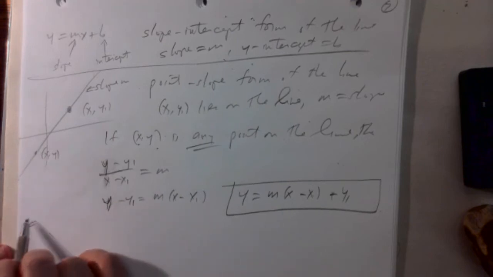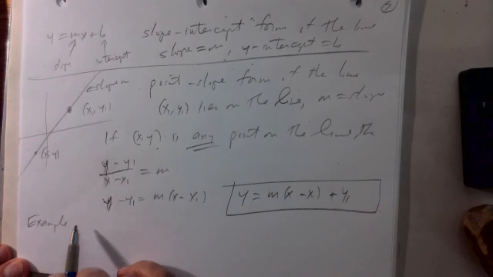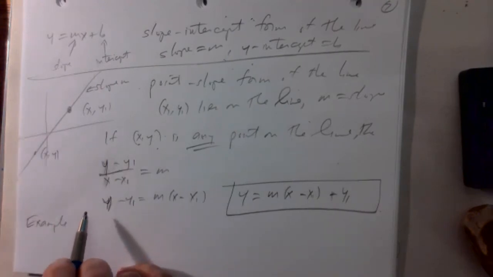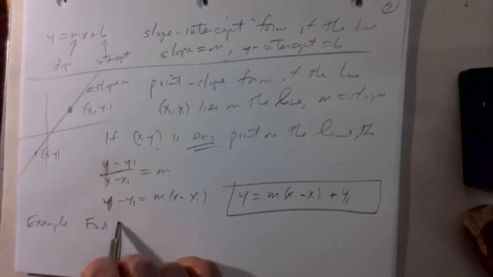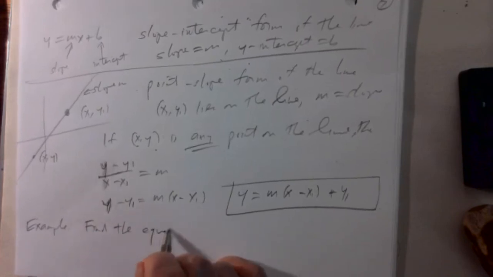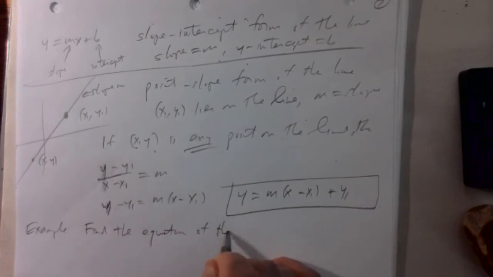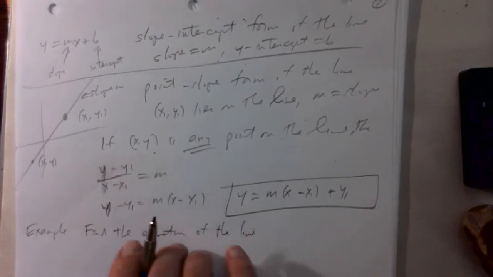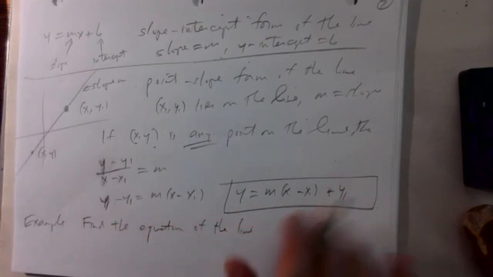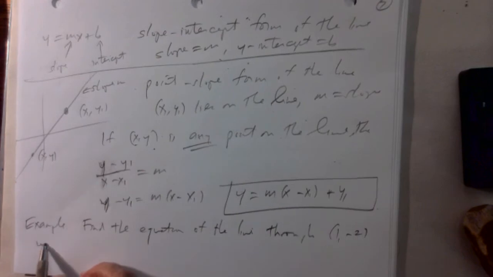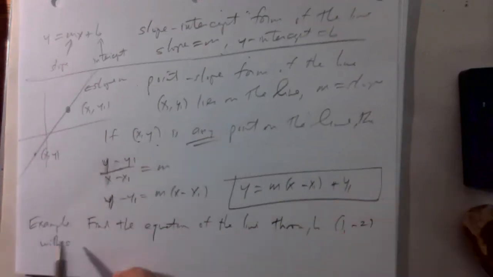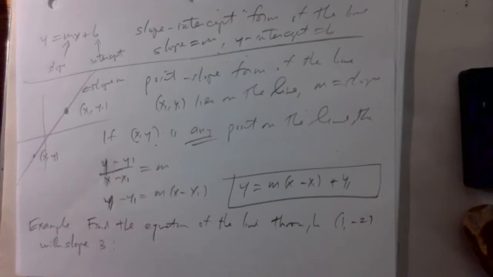So for example, let's see if there's an example in the book I can follow. Find the equation of the line through the point 1, minus 2 with slope 3.